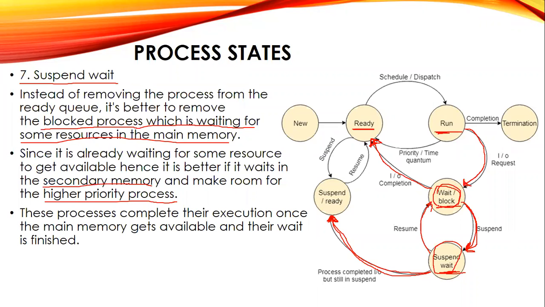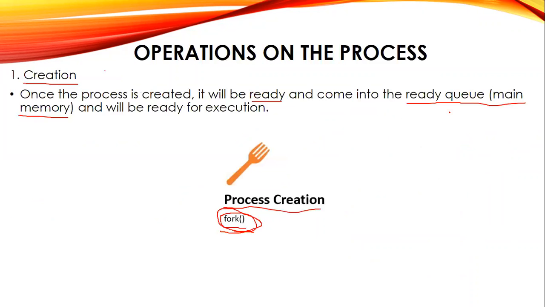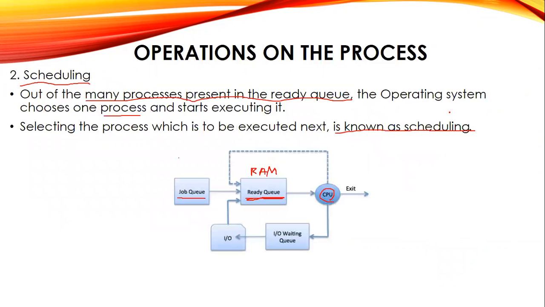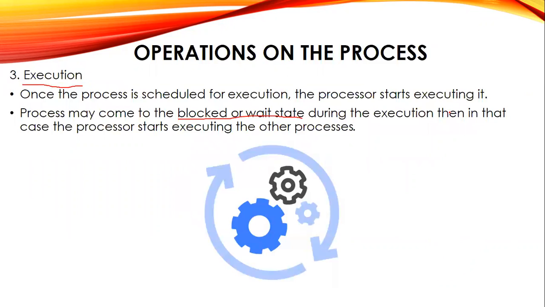So the CPU will take that one away and pick another process from the ready state or from main memory. Okay, this is execution.